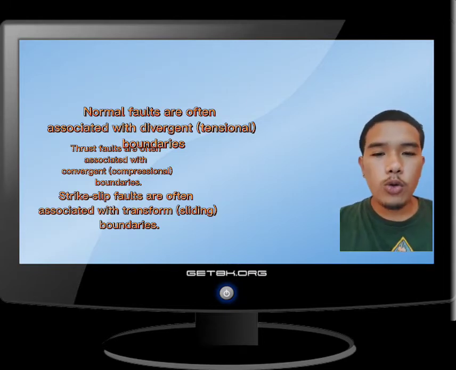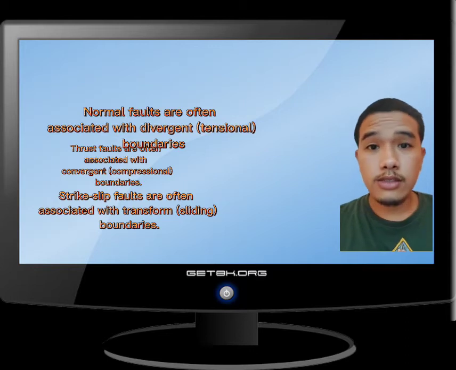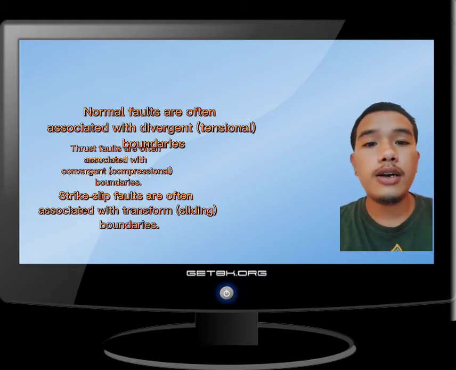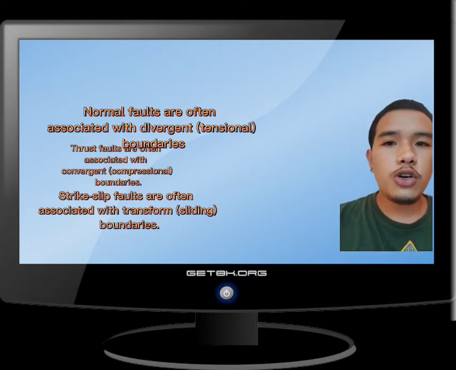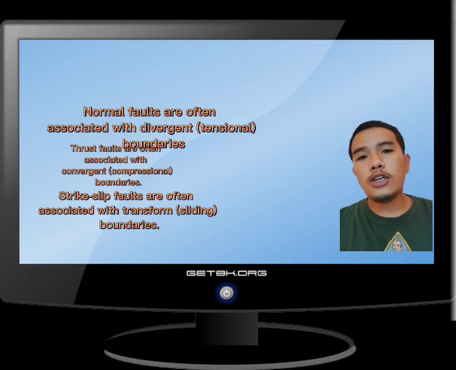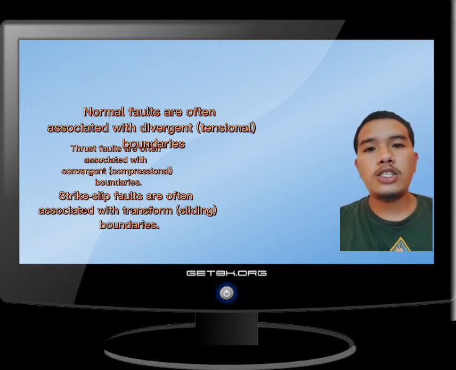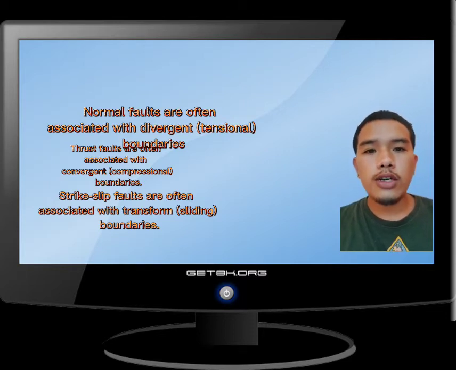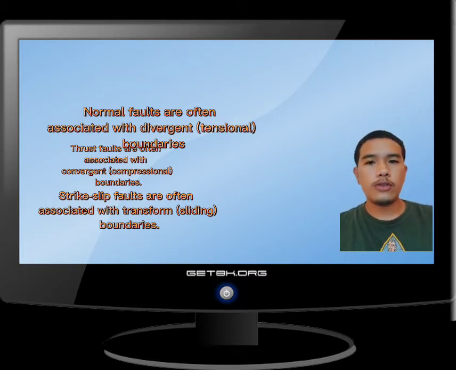In the strike-slip faults, the motion along transform plate boundaries typically occurs along major transform faults, which on continents are commonly referred to as strike-slip faults. Strike-slip faults are also called transcurrent faults, wrench faults, or lateral faults.